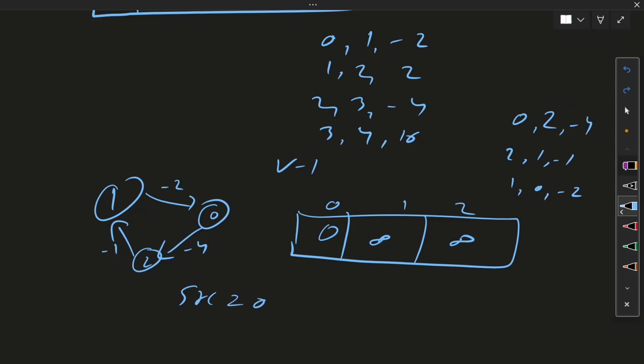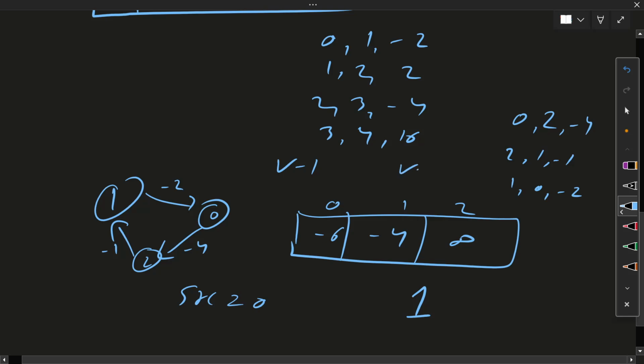So it will perform. Then we have minus 4 here, then 2 to 1, it will not work. 1 to 0, okay, from 1 to 0 we can go, and the value will be minus 2 plus minus 4, so it will be minus 6. So we have done this iteration one time.